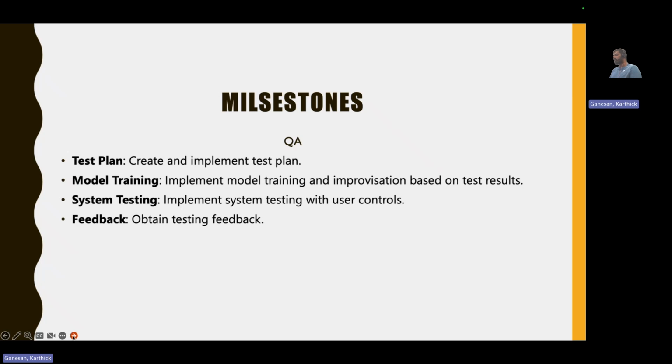So following the implementation of the project, we are going to have a QA milestone, which will include a test plan, test definitions, model plan, model training, system testing, and feedback. So the test plan is going to have a series of test plans starting from unit testing to integration testing and sanity testing, etc. And the model training is nothing but training the model with the test data and implementing the model with the production data.